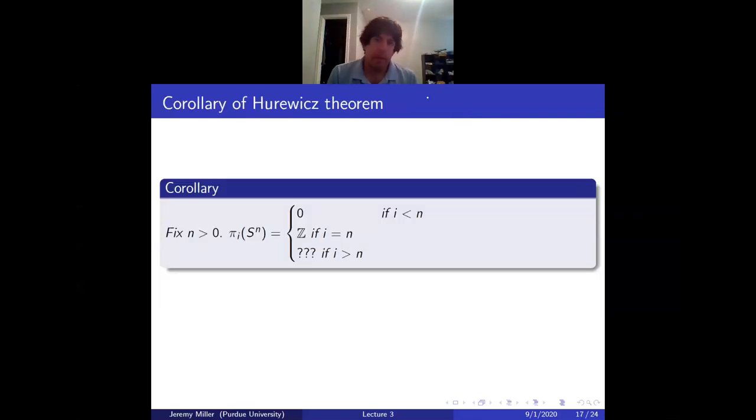Yeah, so a corollary of this tells you that the homotopy groups of spheres in degrees smaller than n are 0.